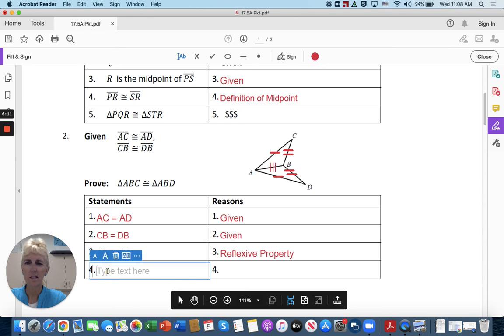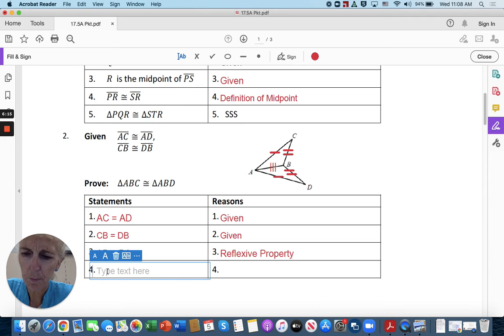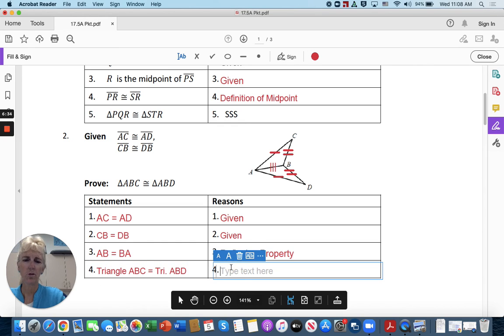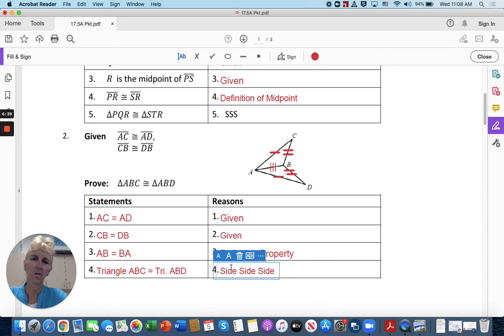So we can say that triangle ABC, and you can just draw the triangle, is congruent to triangle ABD. And we know that's true by side, side, side congruency. And we're done with that proof.